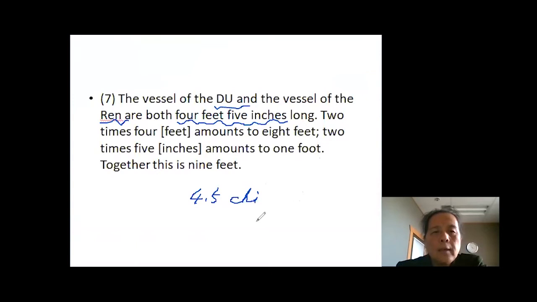And then they separate, then they just times: 4 times 2 equal to 8, and 0.5 times 2 equal to 1, and put it together. That's 9 尺. So that's Du and Ren together.